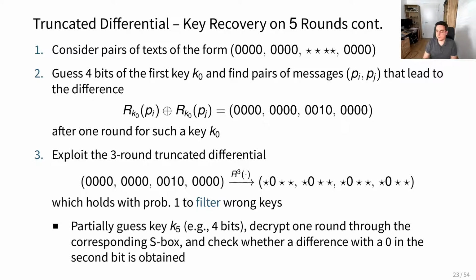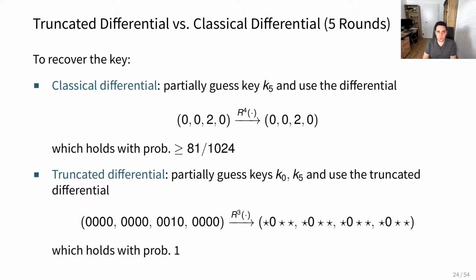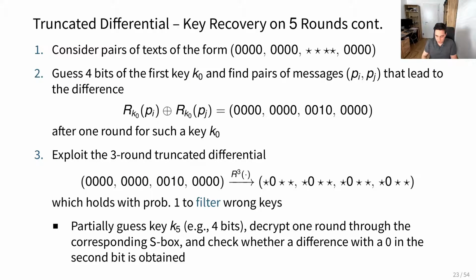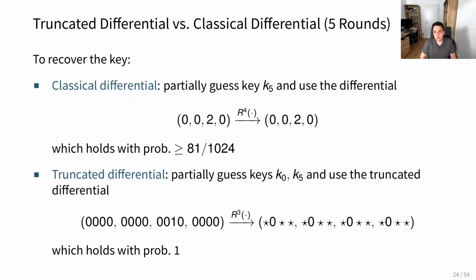Okay, so I think these were the 2 attacks. Yeah, good. So now again, as a small recap, and considering 5 rounds, we have truncated differential and classical differential. So what's the difference? Well, in a classical differential attack, we also need to partially guess the key, and we need to use, for example, this differential here, which holds with a probability of approximately 80 over 1000.